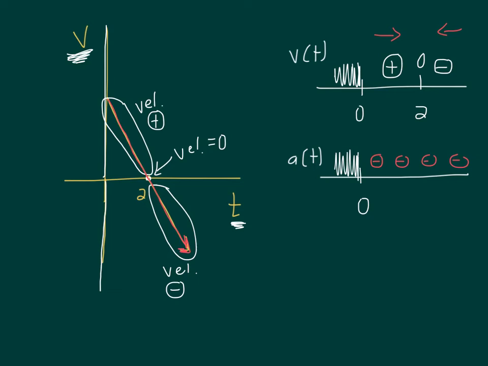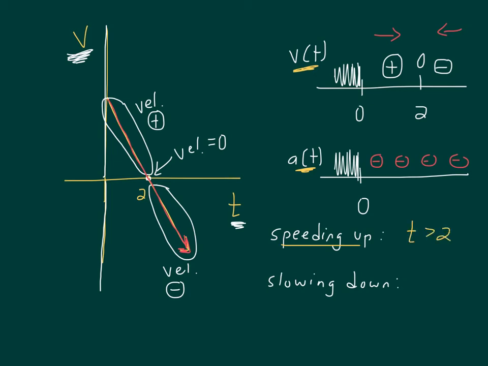The signs aren't changing. So suppose we want to figure out where is the particle speeding up and when is it slowing down. So let's first talk about when a particle would be speeding up. Remember we said a particle is going to be speeding up when velocity and acceleration have the same sign. Well, they are both going to be negative for time values greater than 2.